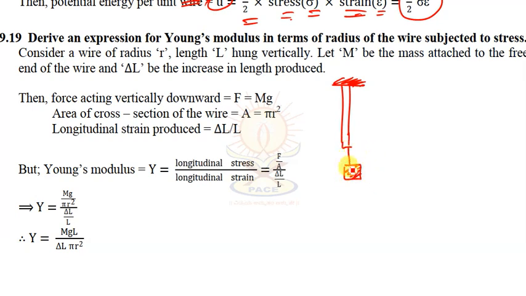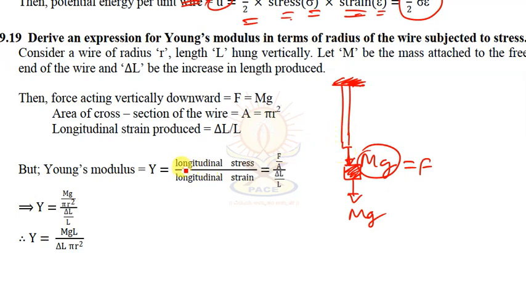So this weight is pulling this wire down with a force mg. Okay, so the same force is also acting here. So mg is the force which is pulling this wire down. So this force is simply F. The weight itself is F, and that force becomes a kind of stress that causes stress in this wire.